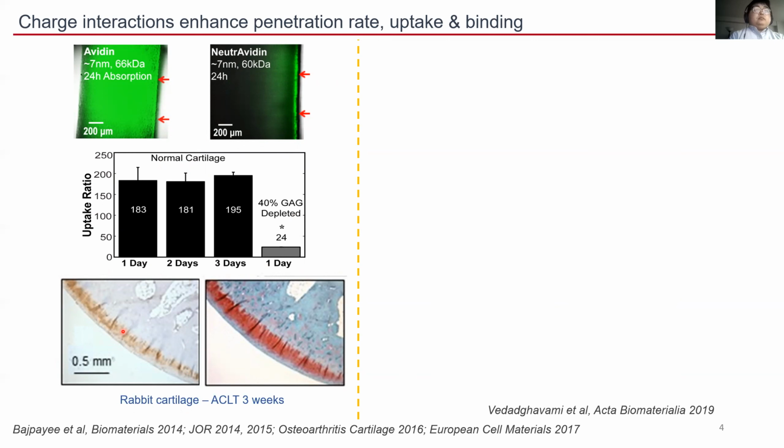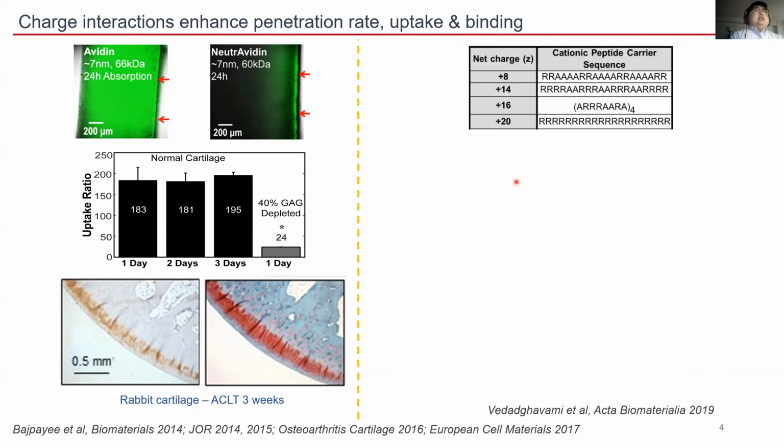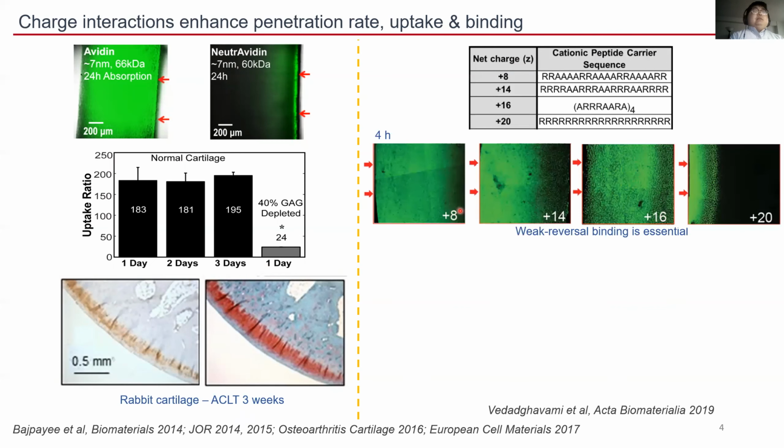Based on avidin's structure, we designed short-length arginine-rich peptide sequences, cationic peptide carriers or CPCs, with varying net charge. We can see CPC plus 8, plus 14, and plus 16 can penetrate the full thickness of the cartilage in 4 hours, but CPC plus 20 can only stay on the cartilage surface because of the strong binding interactions.